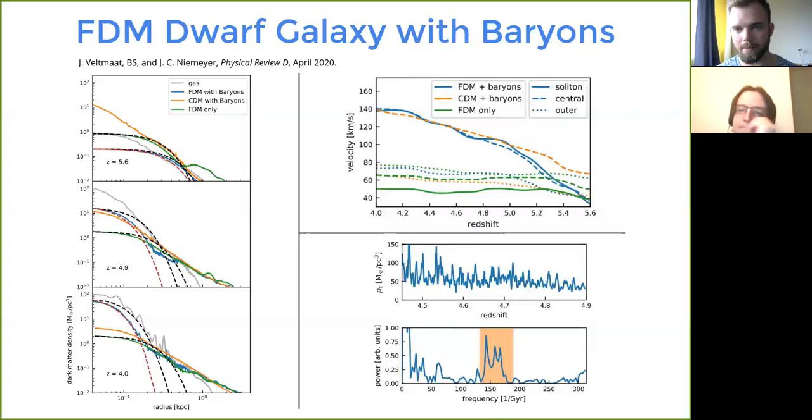Where now again the free fall time, being roughly 1 over the square root of the density, is now altered by baryons, in the sense that this free fall time is now 1 over the square root of the sum of both densities, so the sum of the fuzzy dark matter and baryon densities. And the expected frequency range here is color-coded in orange, and we see that maximum power we get indeed in this frequency range.